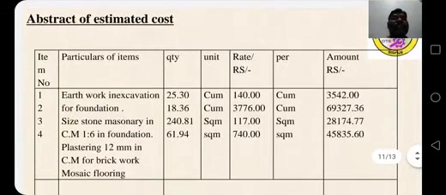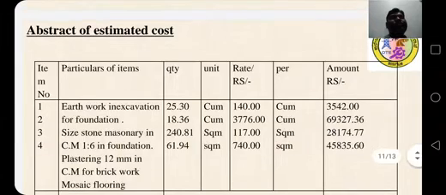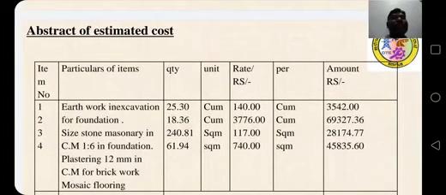Abstract of estimation cost. Item, particulars, unit, quantity, rate per unit, rupees. First one, earthwork in excavation 25.3 cubic meter, rate 140 per cubic meter, 354.2.